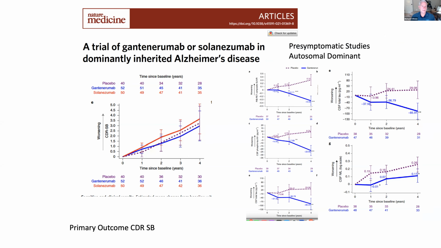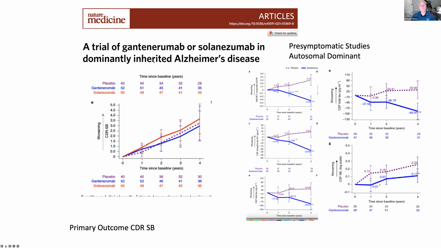But that's not the end. There have been 2 trials of asymptomatic patients. In the aducanumab studies, patients had mild cognitive impairment, MCI. There have been 2 studies now of people with autosomal dominant Alzheimer's disease treated with these same antibodies before they had any cognitive symptoms.